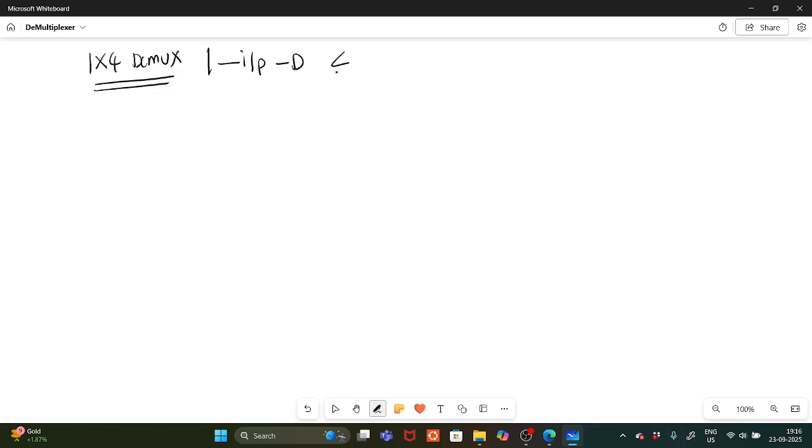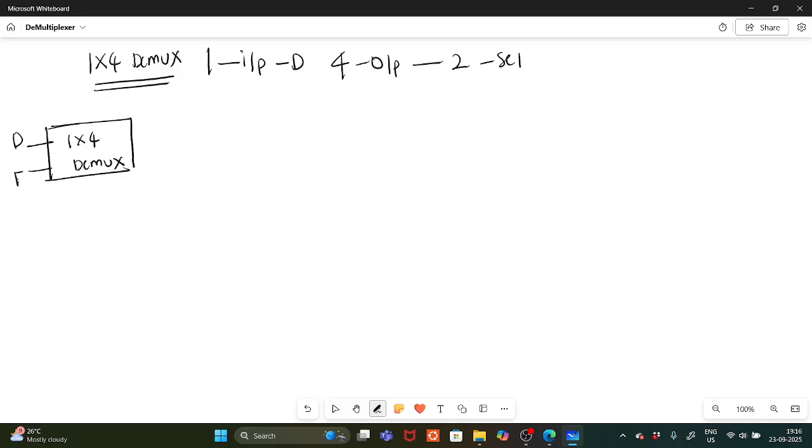One input, that is D. How many outputs? Four outputs. How many selection lines? Two selection lines. If you see the basic block diagram of the 1 is to 4 DeMux, it has one input, two selection lines, one enable pin, and four outputs.